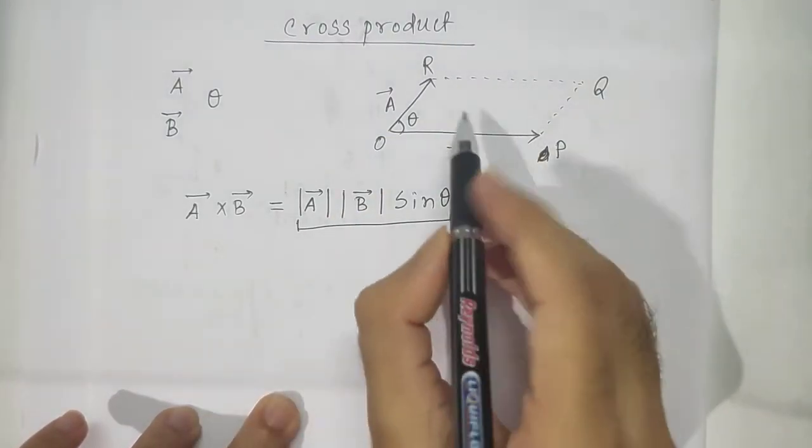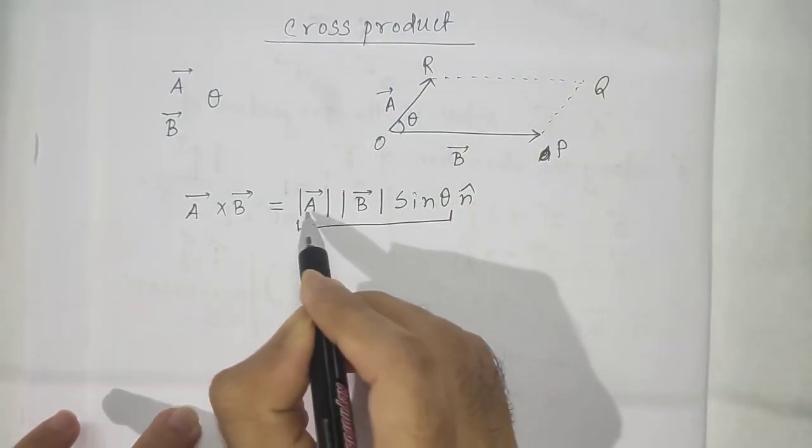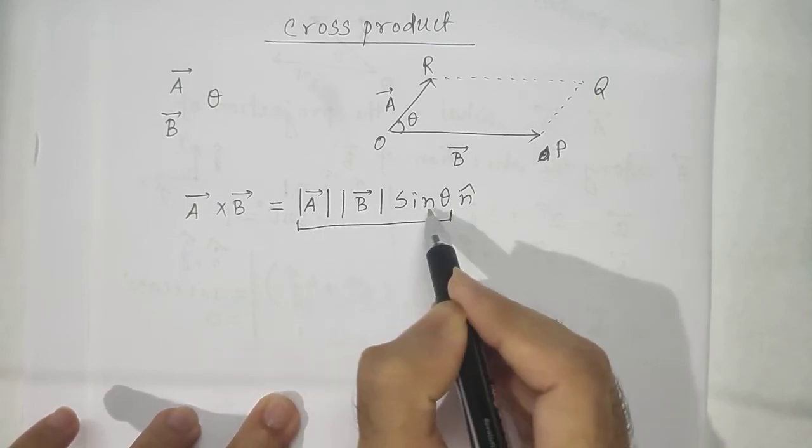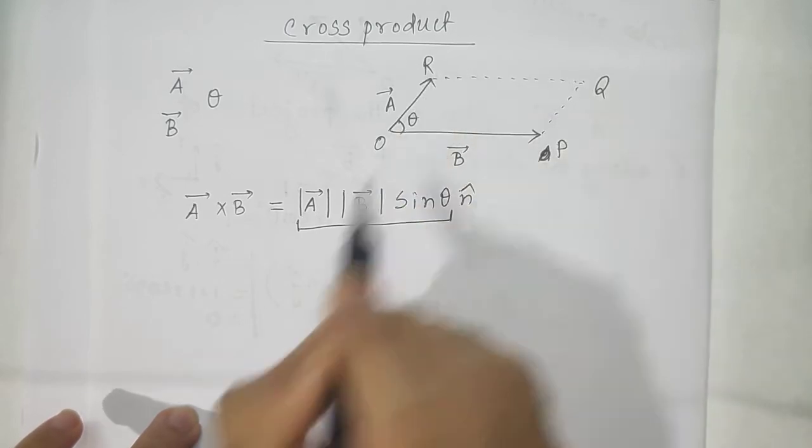Okay, so this term A mod B mod sine theta will be the area of this parallelogram OPQR.